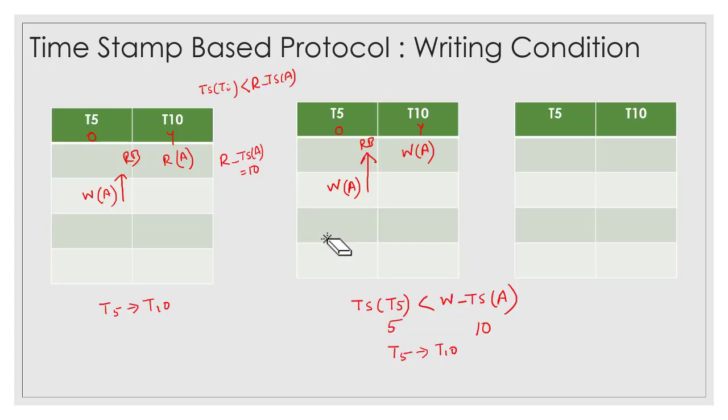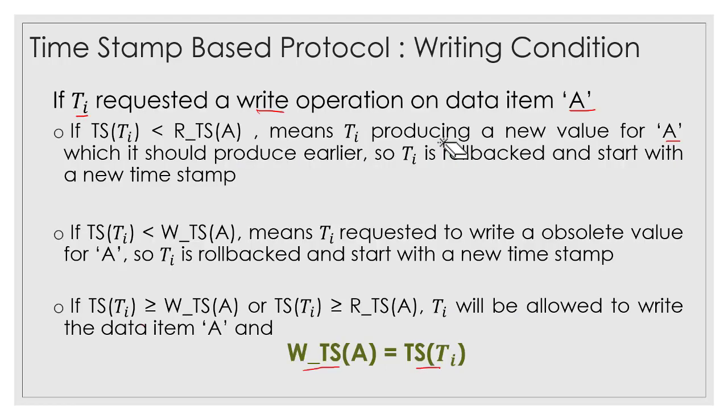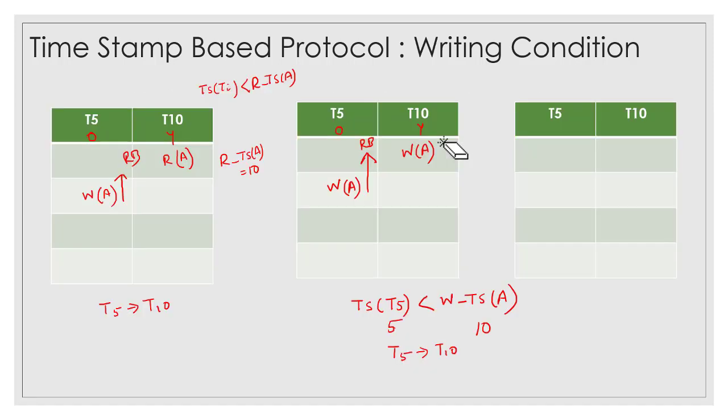So let us see which two conditions I am allowing to write. The first one: what does it say? It says that transaction Ti has a greater timestamp than the write timestamp of the data item A. That means the older process has written that data, then the younger process is going to write that data.